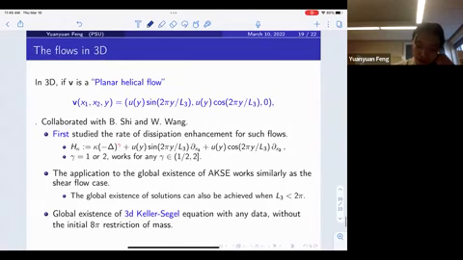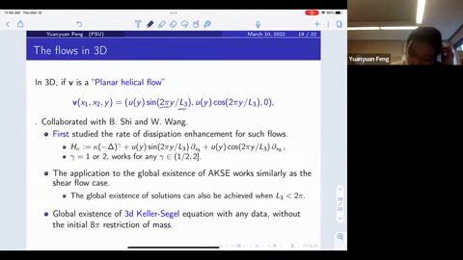We use x1, x2, y to represent the position in 3D. The flow is defined as u(y) = (sin y, cos y, 0), where again we use 2 pi divided by L3 as a normalizing coefficient. This is joint work with Bingbing Shi and Weiko Wang.